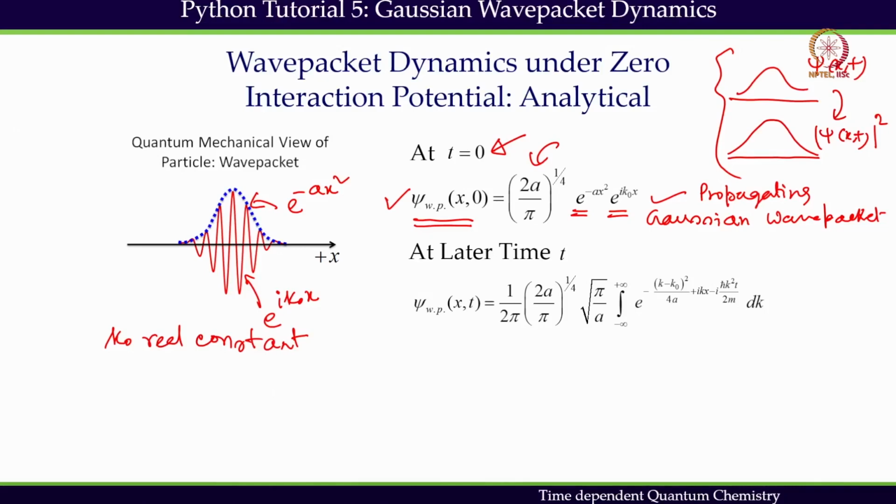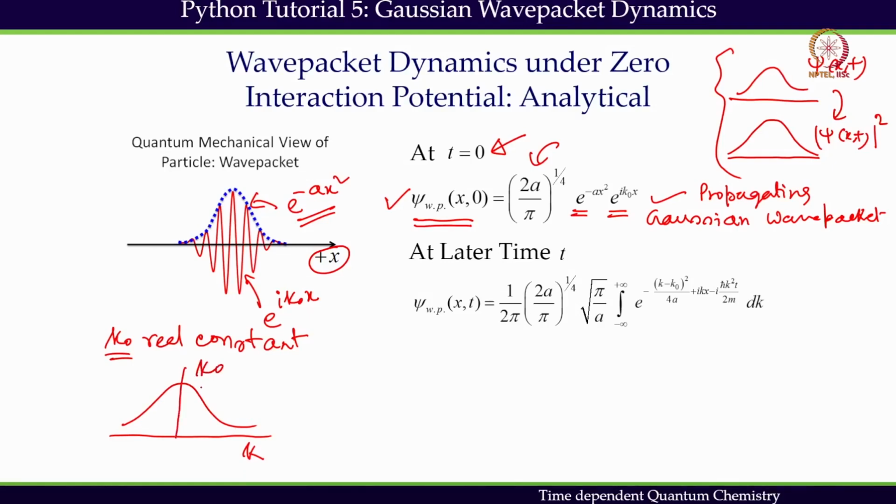And we have also understood that this is the x domain representation of the wave packet. If we do the Fourier transform, we get another Gaussian, because it is a Gaussian shape in the x domain. So in the k domain, the Fourier domain, we also get a Gaussian, and the center of the Gaussian is represented by k naught.